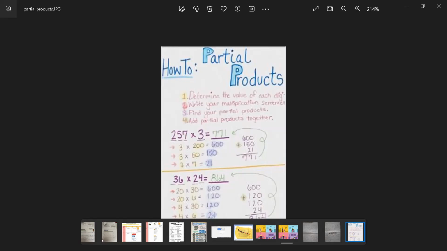So here's our first sheet. The next sheet looks like this, 1 through 9. They have to use partial product to show the answer, or they will not get credit for all of the problems. Next, they have page 99, which they have to do 1 through 8.